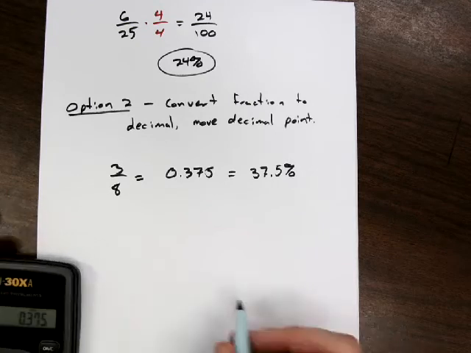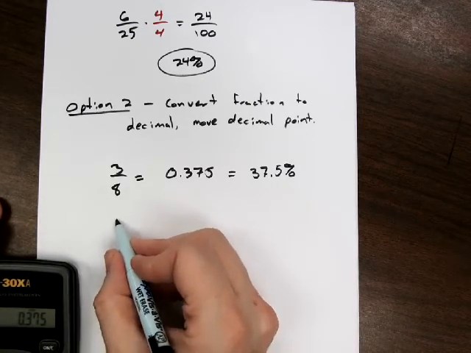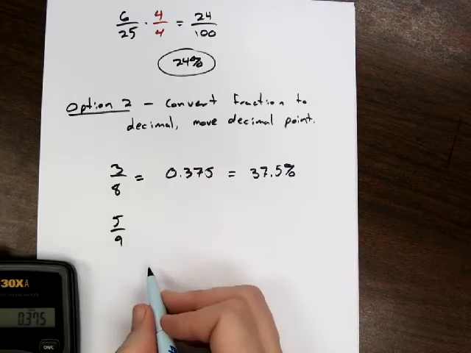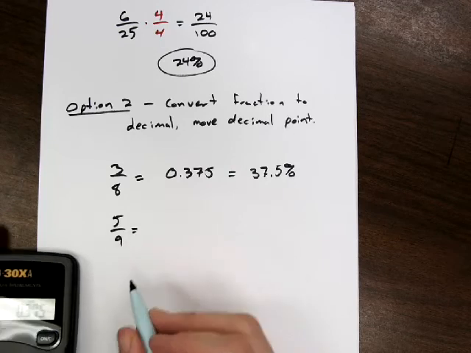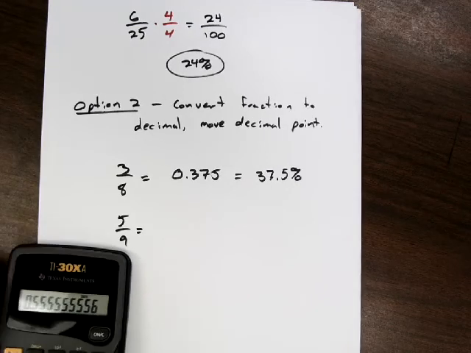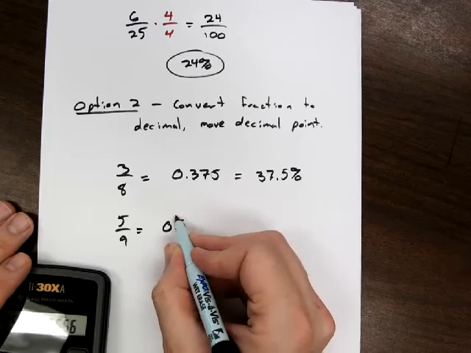If I have something like 5/9, 5/9 is a little funny because this is a repeating decimal. So this is actually 0.5 bar.